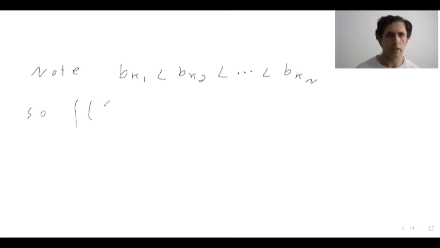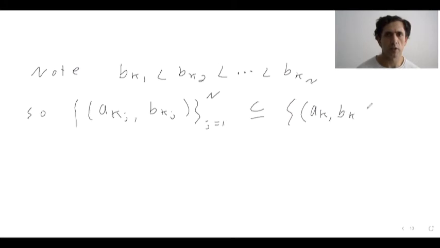So again, this is a collection of distinct intervals. Each one of them is one of these intervals here.